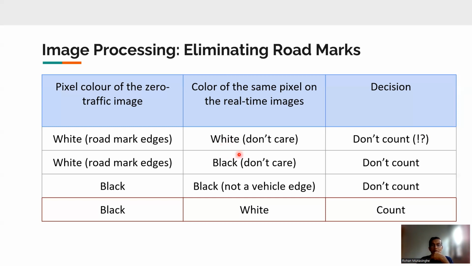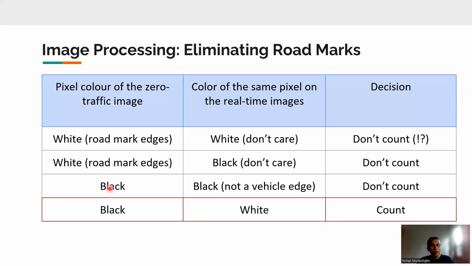And if white becomes black, again we don't count, because black means not an edge. Edges are white. If the pixel is now black, probably it is occluded by a vehicle. This road mark point is occluded by the vehicle, so it is black. There's no need to count it anyway, because black pixels we don't count.